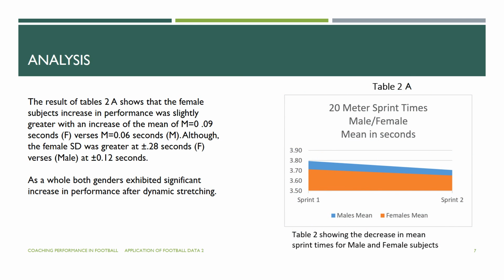So our results show that the female athletes saw a slight increase in their performance after dynamic stretching, 0.09 as opposed to 0.06 for the males. Thus their standard deviation was slightly greater at 0.28 seconds versus the male at 0.12 seconds.